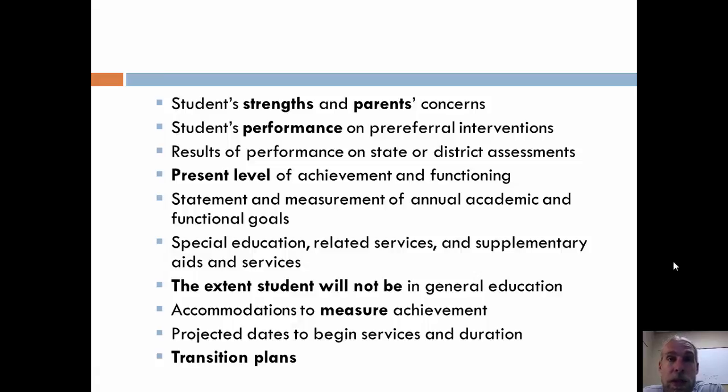And finally, especially with the older children, the transition plan. As we know, children must be notified by the time that they're 16 that they will start to be in charge of their transition plan. They'll be included. You'll start to create that transition plan at 16.